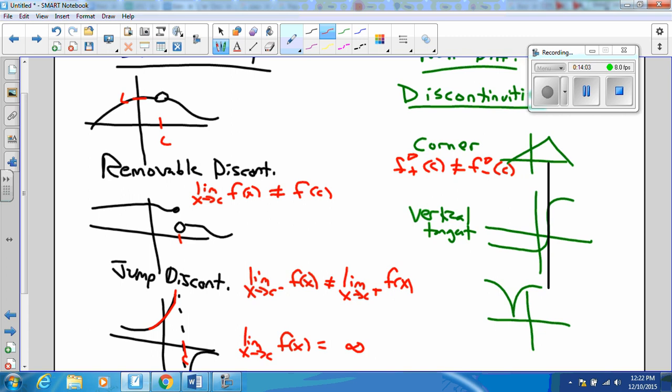Here we're looking at f. Here we're looking at f prime. That makes all sorts of sense, right? Vertical tangent, f prime of c is infinity. Cusp. f prime of c from the left is negative infinity, but f prime of c from the right is positive infinity, or vice versa.